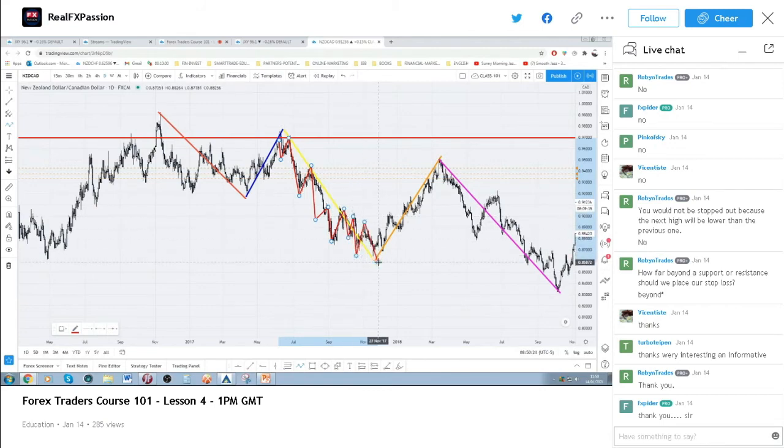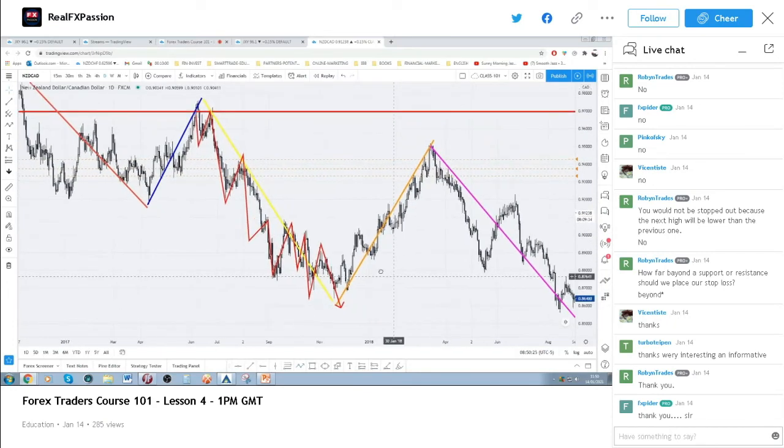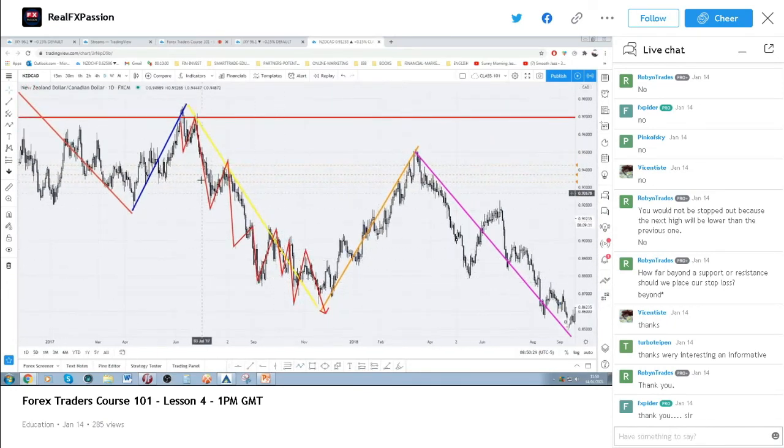Can you see, everybody, that the market in an extension was making lower lows, lower highs, lower lows, lower highs, and then started to retrace, extension, retracement, extension, start to retrace, deep retracement.